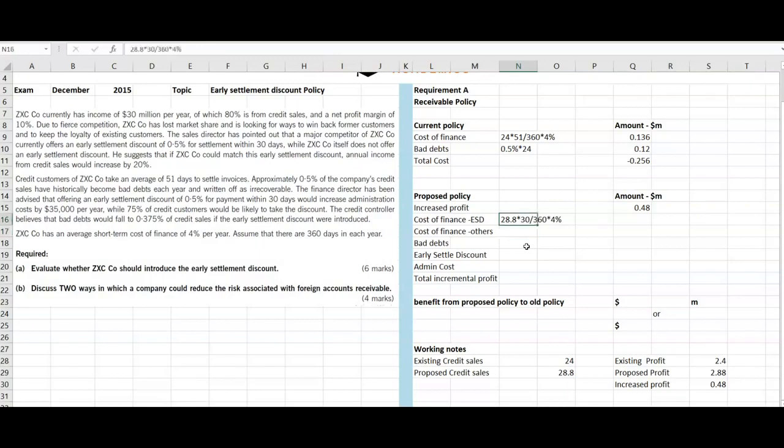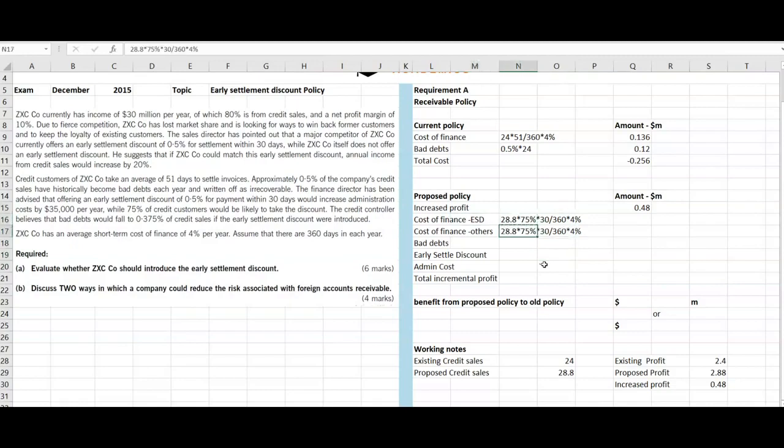But the question is, not all people are going to accept this. So what happens is only 75% of the customers are going to accept it. That is going to be a problem. So if 75% are accepting this, what do the remaining people do?